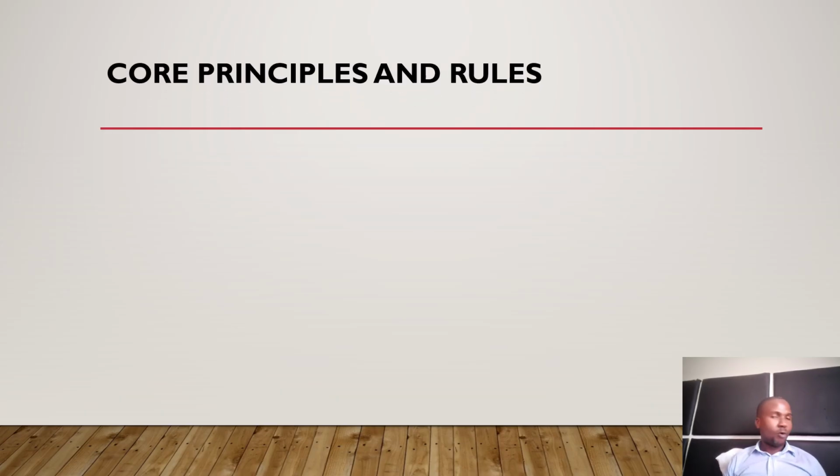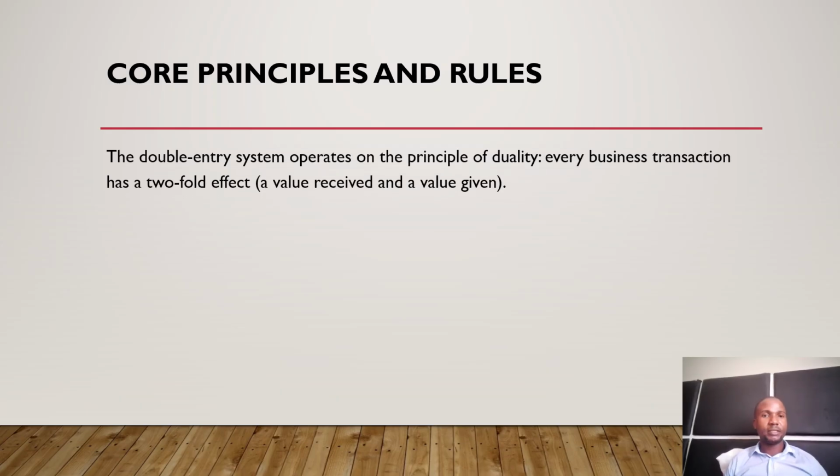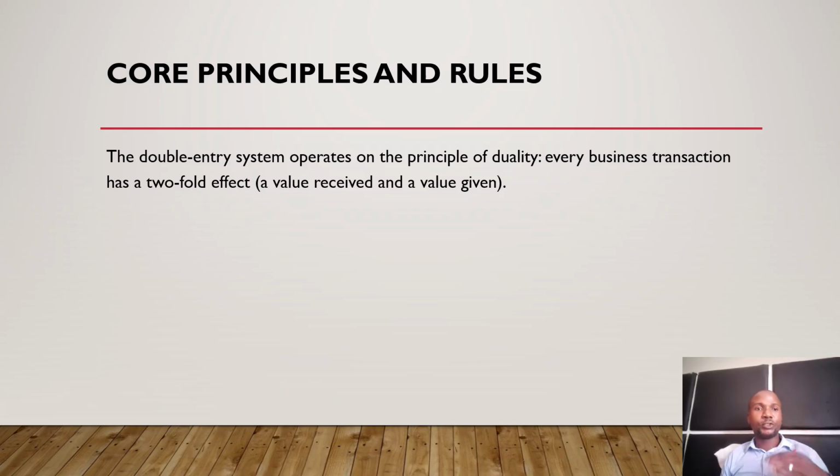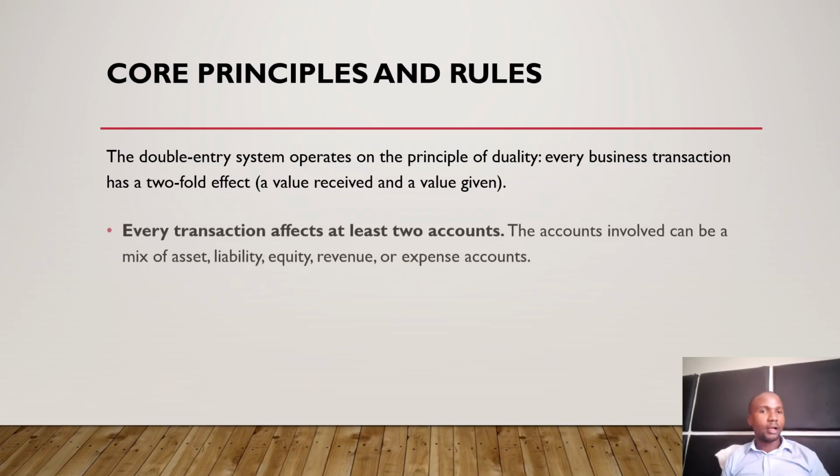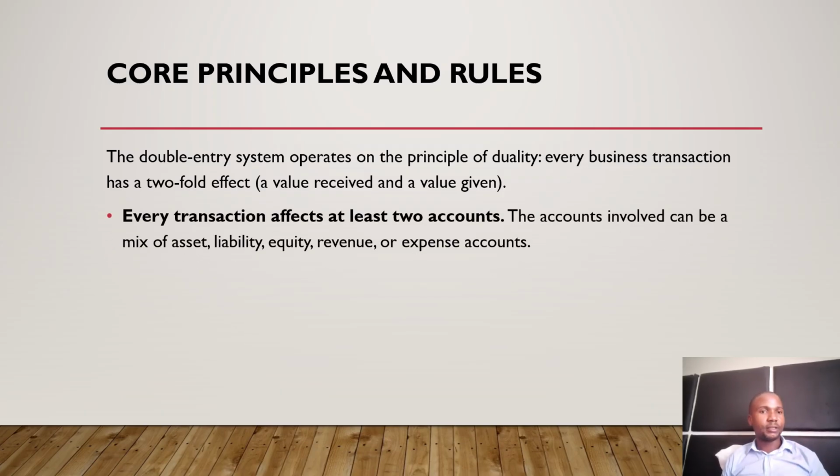So what are the core principles and rules of the double entry system? This is very important to master. The double entry system operates on the principle of duality, that every business transaction has a twofold effect, a value given and a value received.